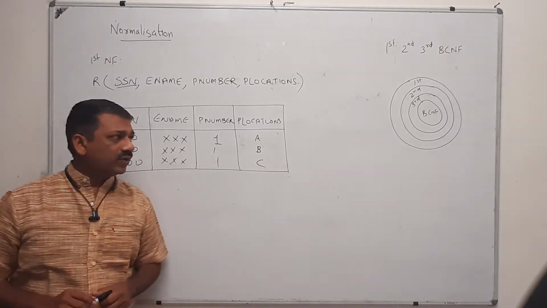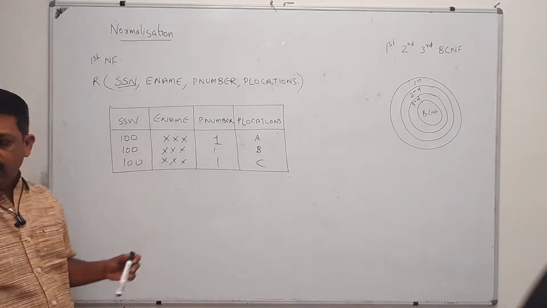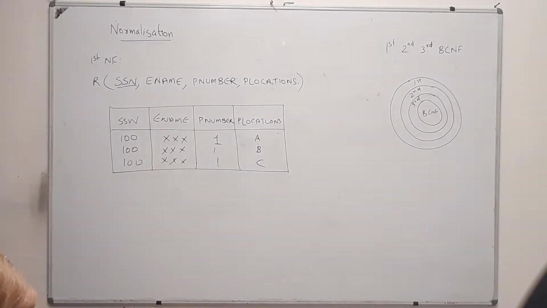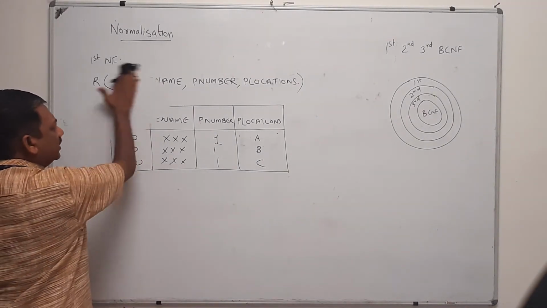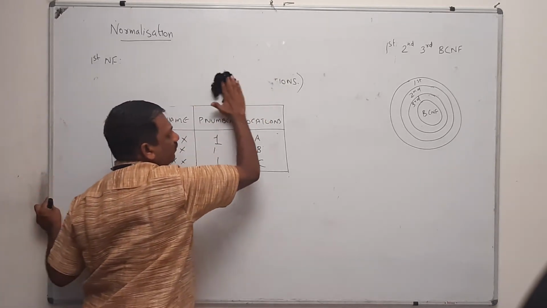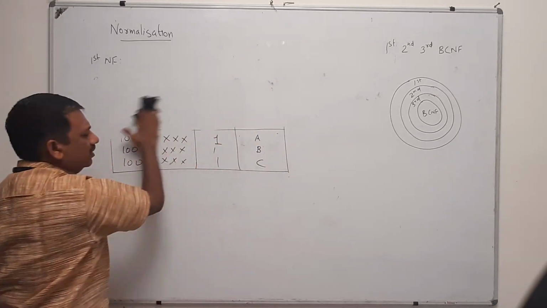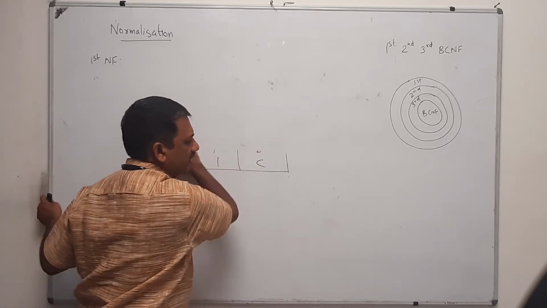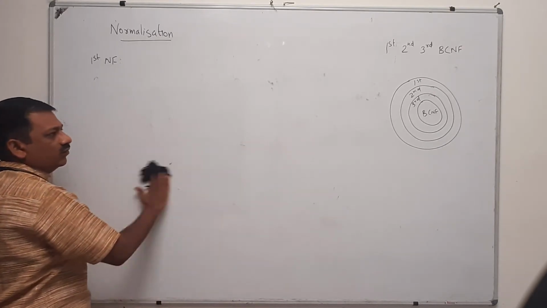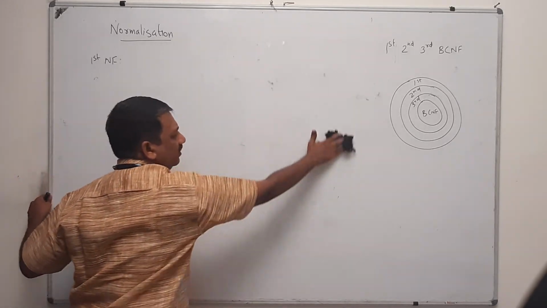Now we are going to discuss second normal form. As I told you, if a table has to be in second normal form, the first condition is that it should be in first normal form. First normal form is concerned with atomic values, that means every attribute value should be atomic.